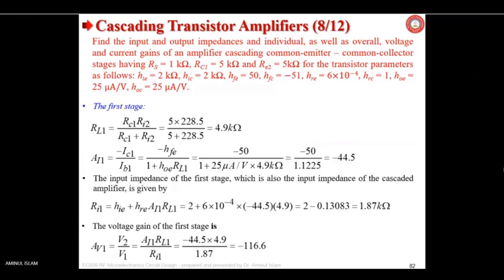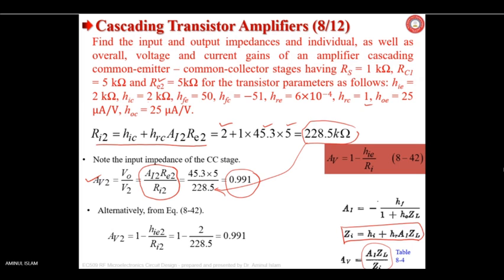Remember that the collector resistance of Q1 is RC1, yes or no? Yes, sir. And in parallel with that is your input resistance of Q2.